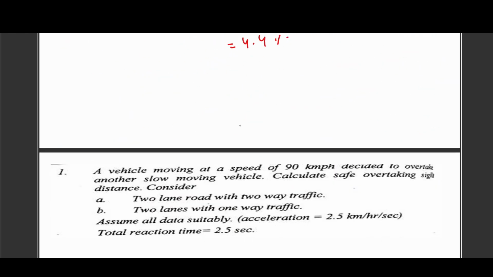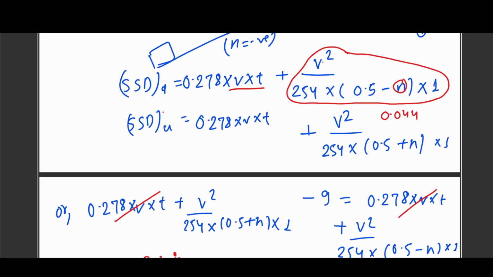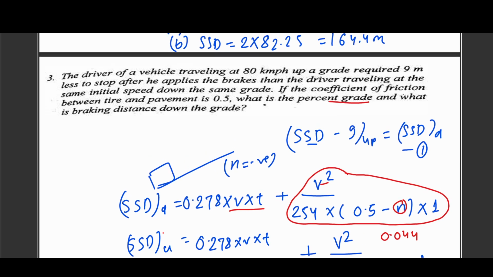So the braking distance will be 55.3 meter. You can check it after keeping the values in here: velocity is given as 80 and n we calculated as 4.4.